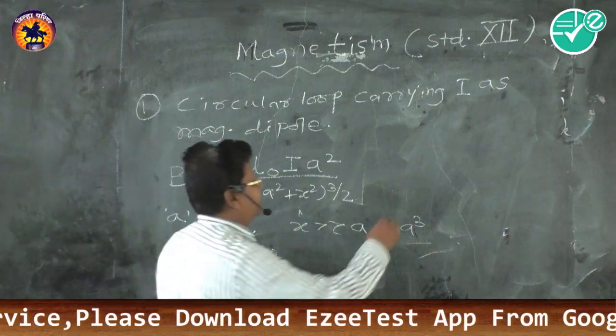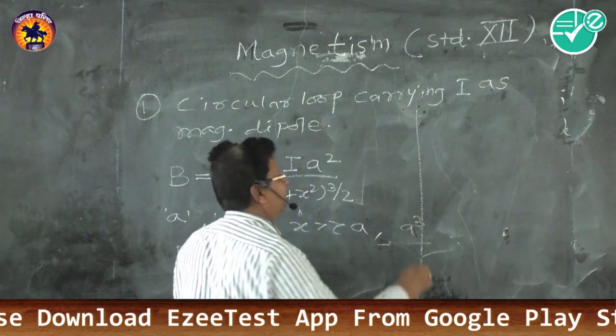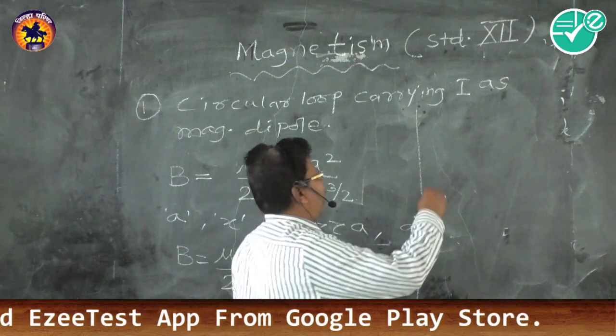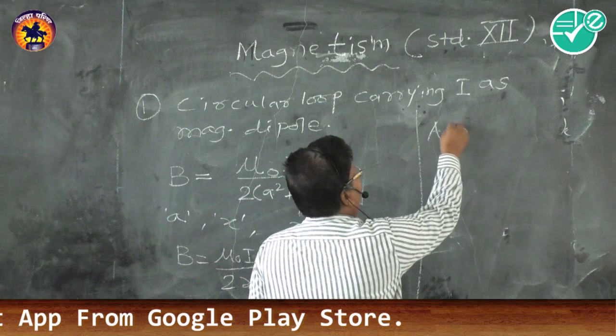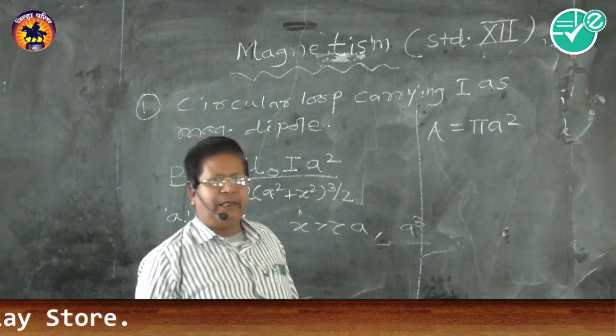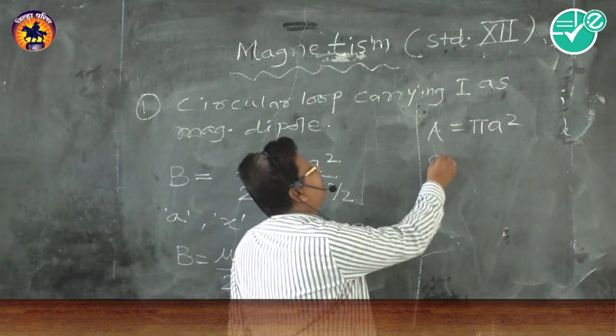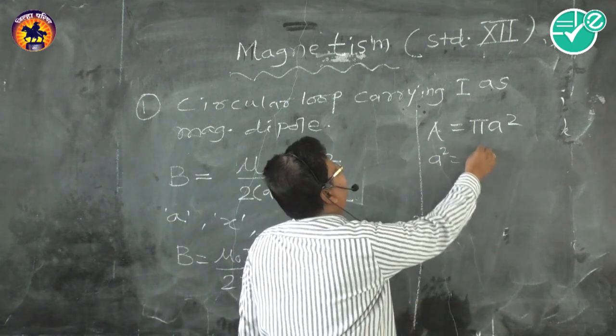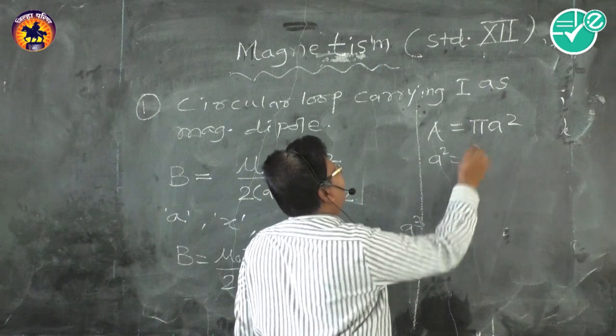Again, we know that the area of the coil is A, which is equal to pi a square, and therefore a square becomes A divided by pi.